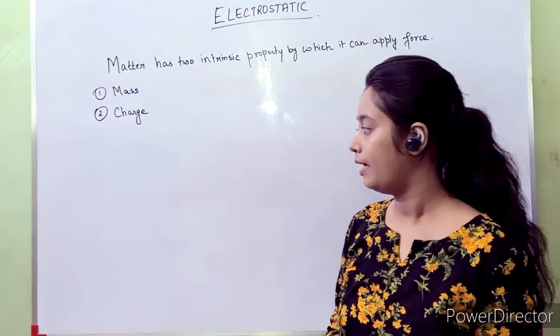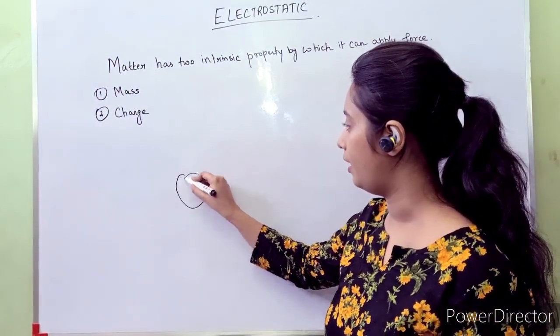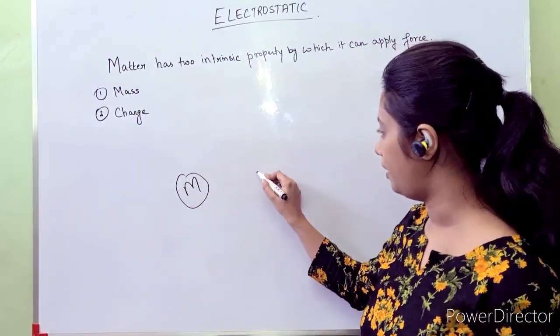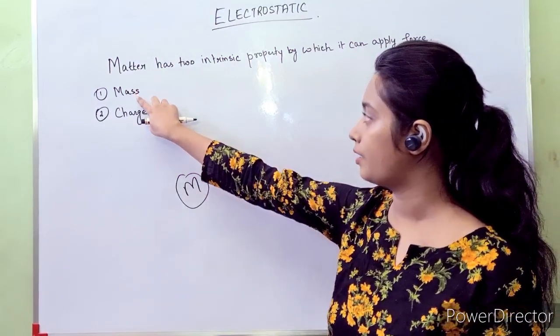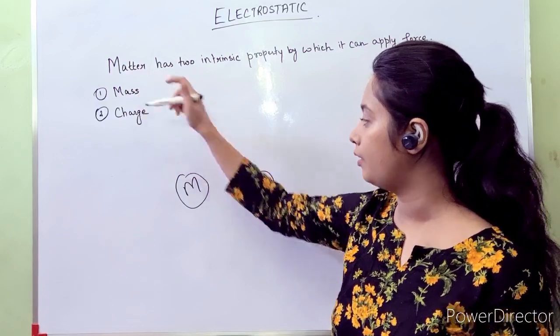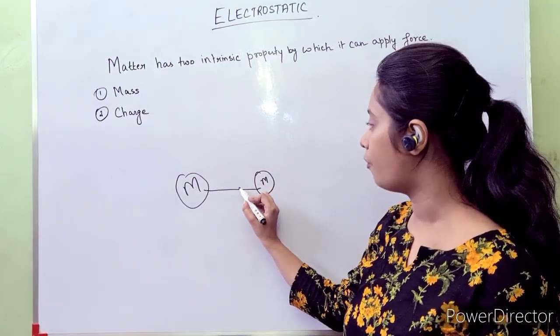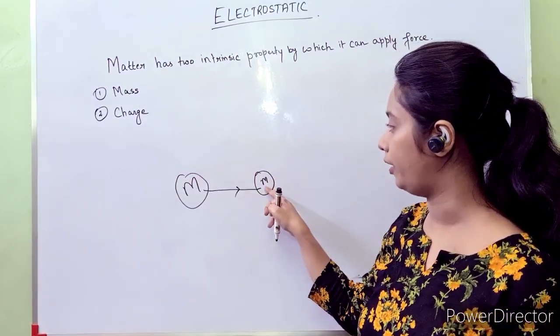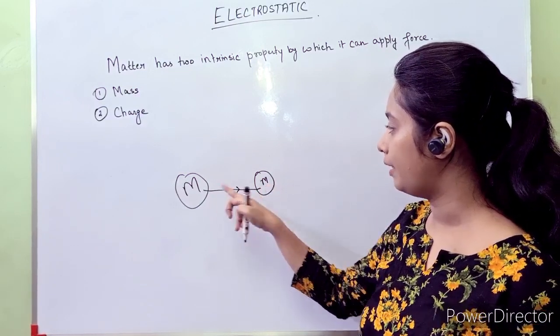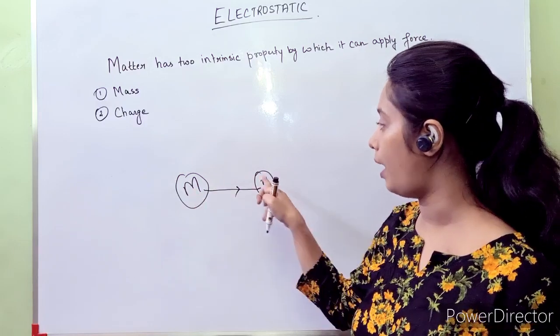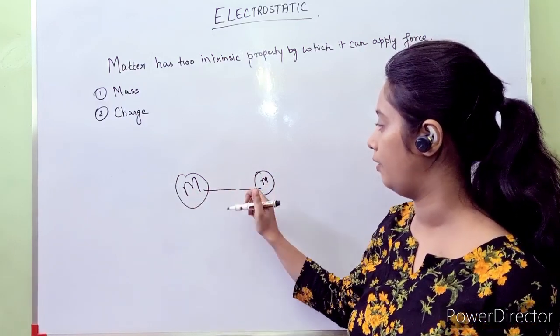Now, if there is one body with mass capital M, and there is another body with small m, then mass M has the ability to apply force on this particle having mass m. It has the ability to attract this mass towards itself.